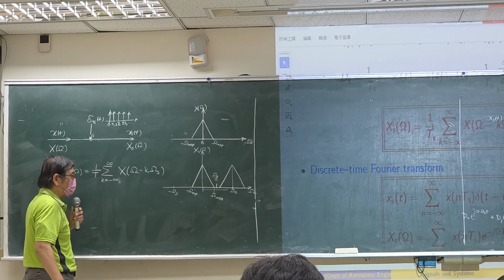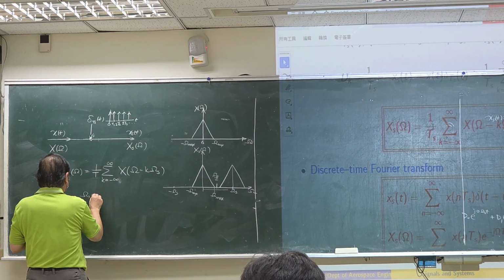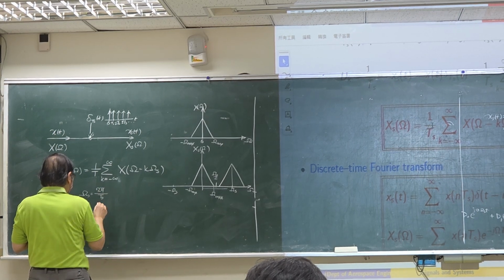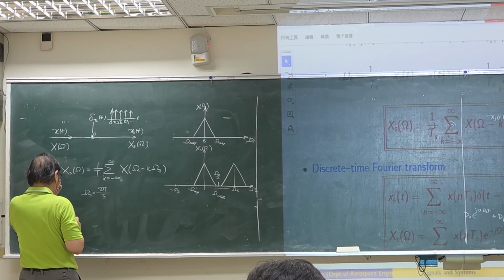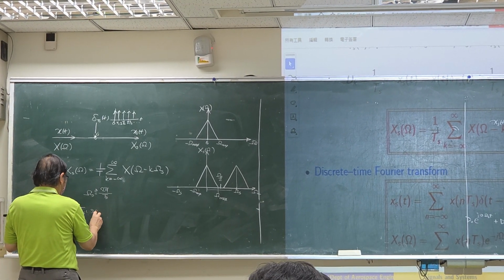Okay, omega s means sampling frequency. Omega s equals 2 pi over t sub s. Okay, t sub s is the sampling interval.